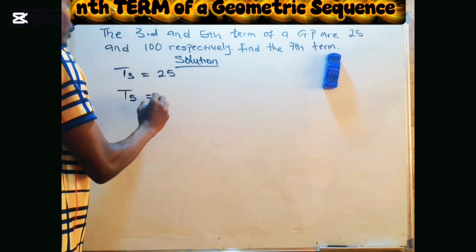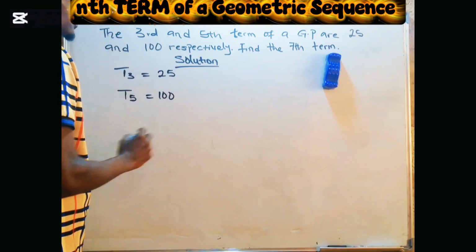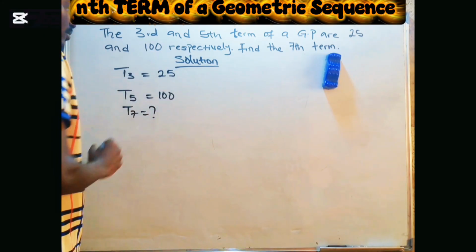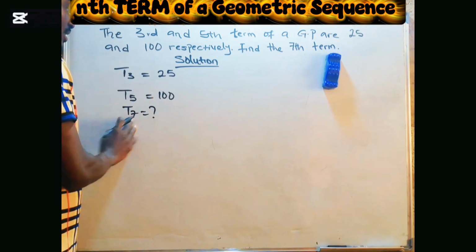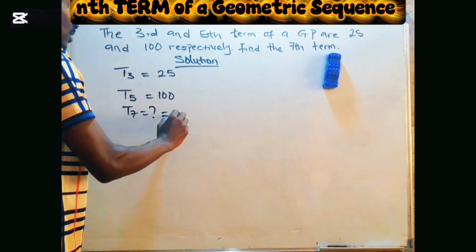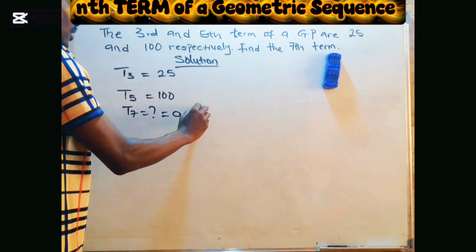Find the seventh term, which is T7. And what's the formula for finding T7? T7 is AR raised to n minus 1.